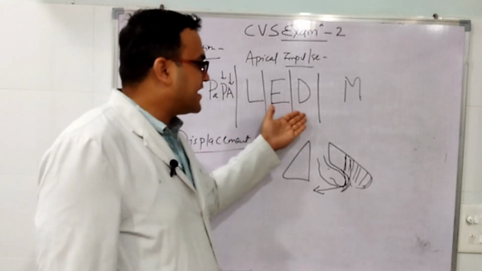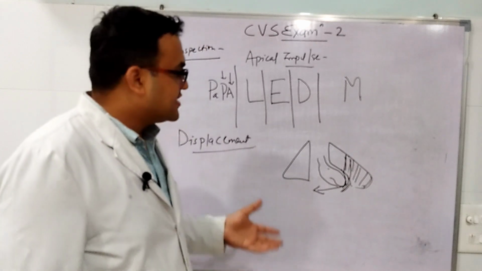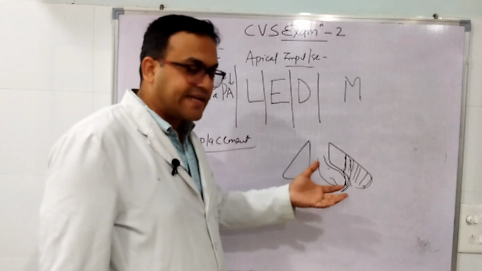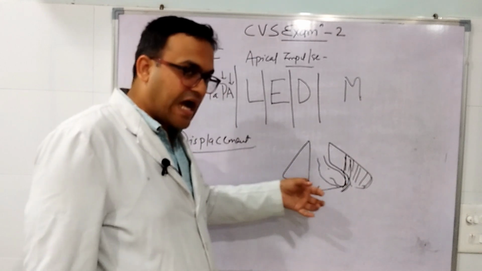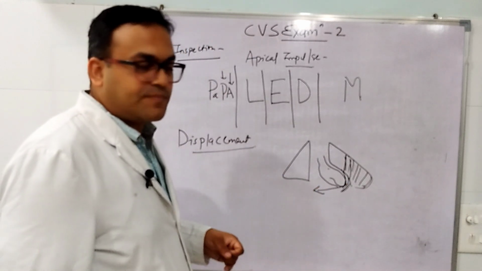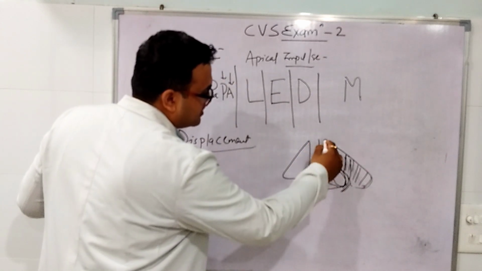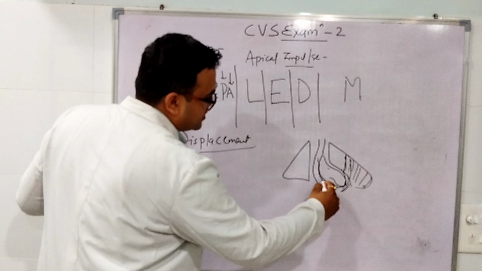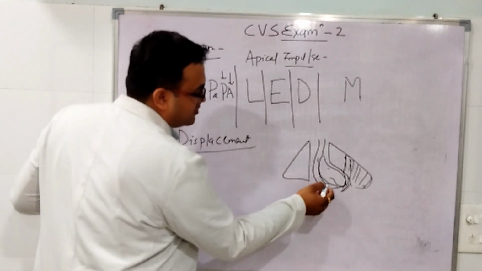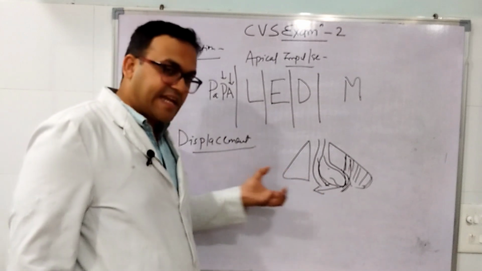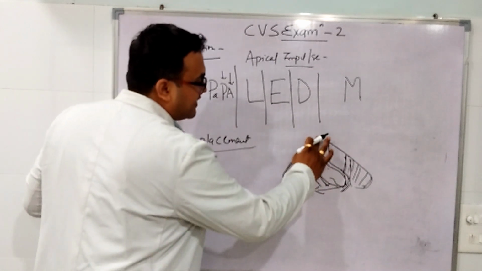Next, any musculoskeletal diseases like kyphoscoliosis. If there is kyphoscoliosis, then that can also pull the heart. If the shape of the spine is like this, it can pull the apex sideways towards the right side, or vice versa.